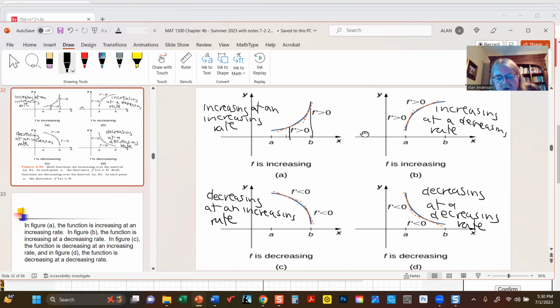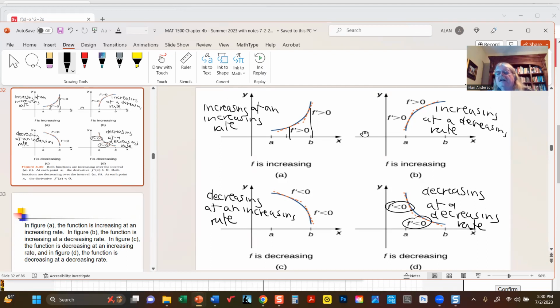The bottom left-hand corner, the slopes are both negative, but the first slope is less than the second slope. So the rate of decrease is actually increasing. In other words, it's like we're going down a hill that's getting progressively steeper. So this function is decreasing at an increasing rate. And then finally, in this last case, the curve is basically flattening out. It has a negative slope. The first slope is less negative than the second one.